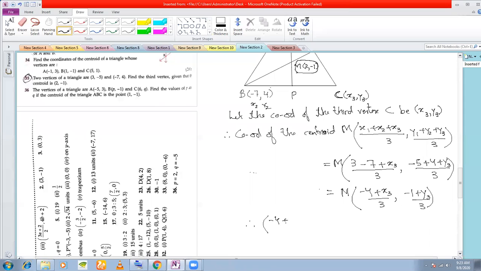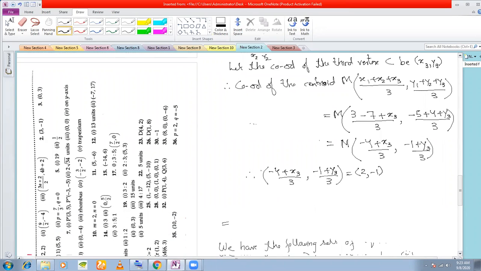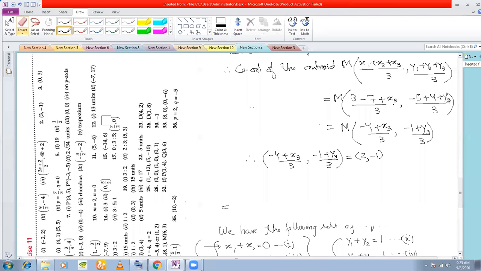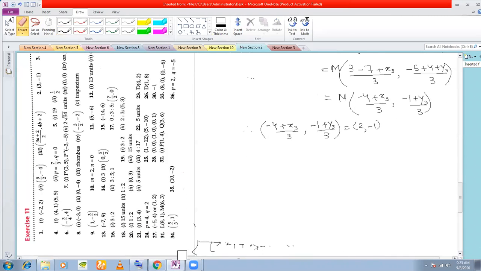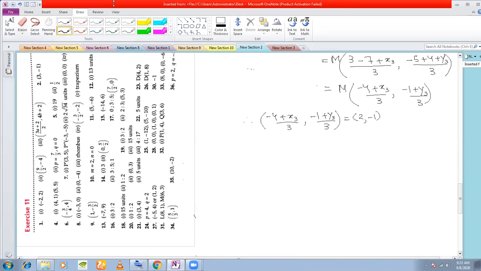Therefore -4 plus x3 divided by 3 must be equal to 2, and -1 plus y3 divided by 3 is equal to -1. So we get two equations which we'll solve.